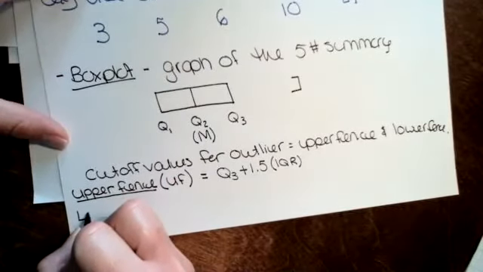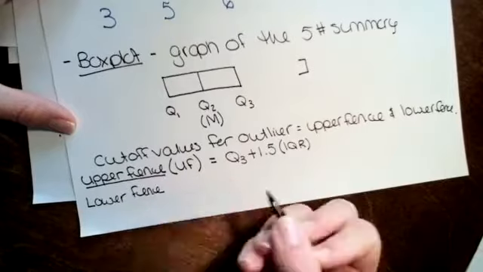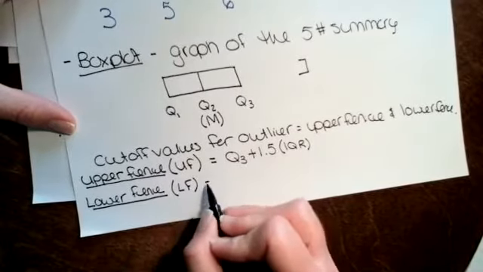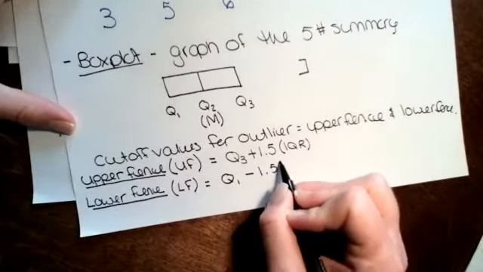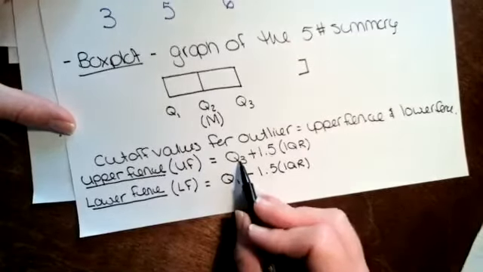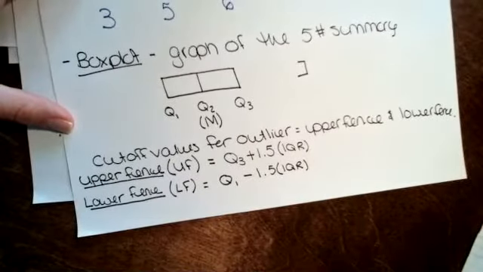Then the other one is my lower fence, and I'll call this LF. This is quartile 1 minus 1.5 times IQR. So I'm going to take that same value. I'm adding it to quartile 3 for my upper fence, and subtracting it from quartile 1 for my lower fence.